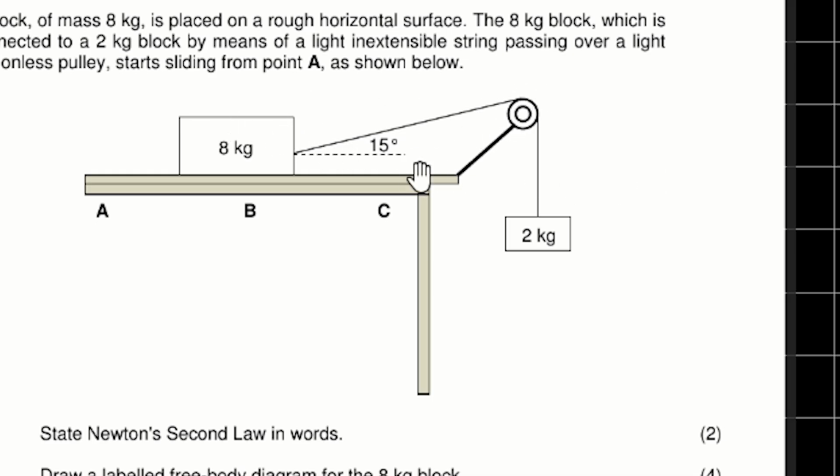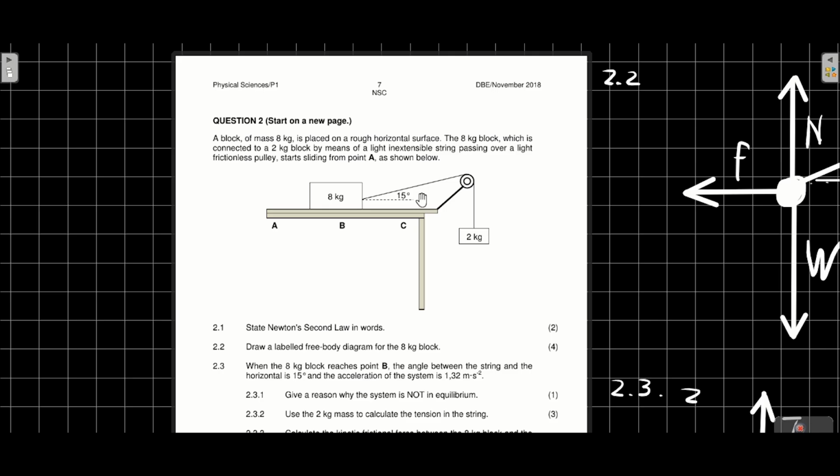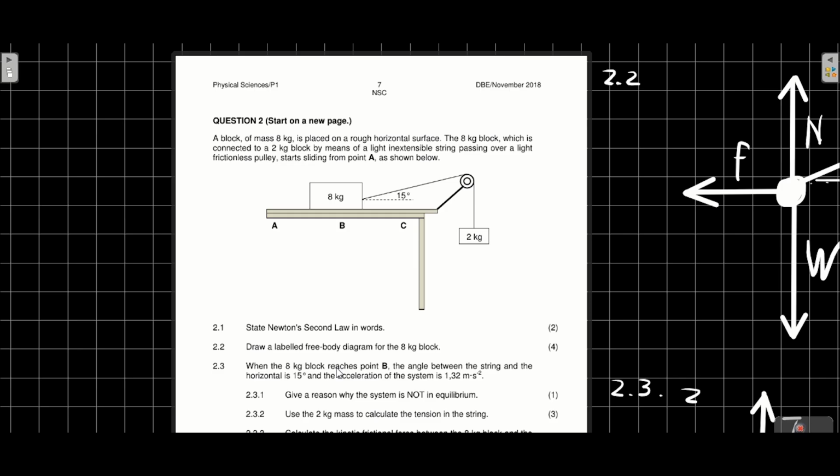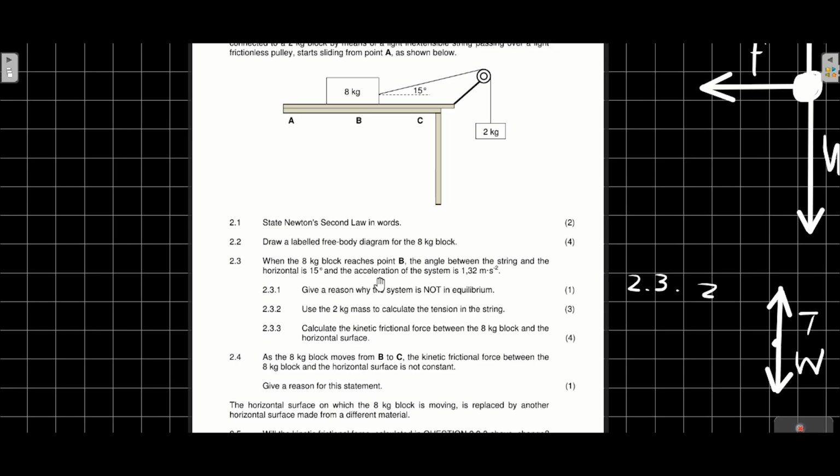It's not on the same line, so the angle should be changing. And that should affect what X component and what Y component of the tension is acting on the block. So the answer to 2.4 is that the angle will change, and therefore the tension changes as it moves towards C.